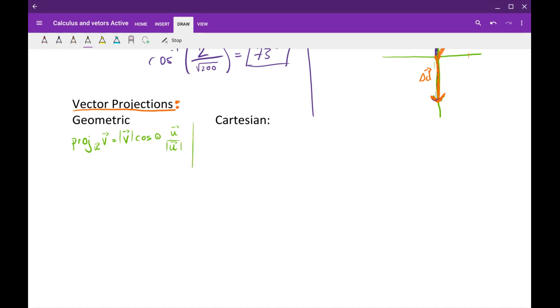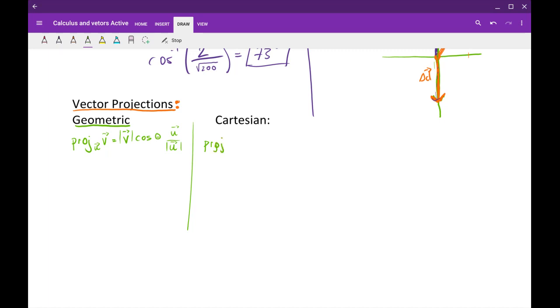All right, and that's if you have the vectors in geometric format, geometric format meaning you have a magnitude and an angle.